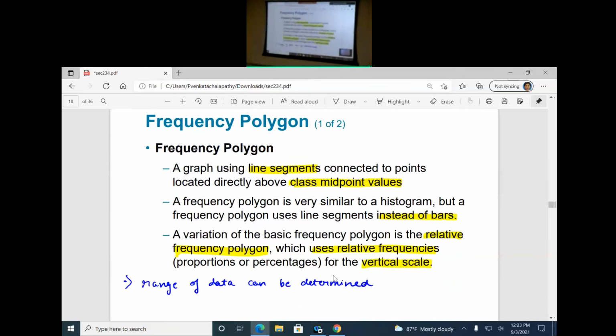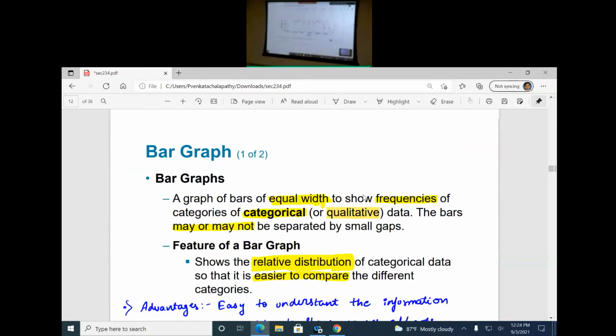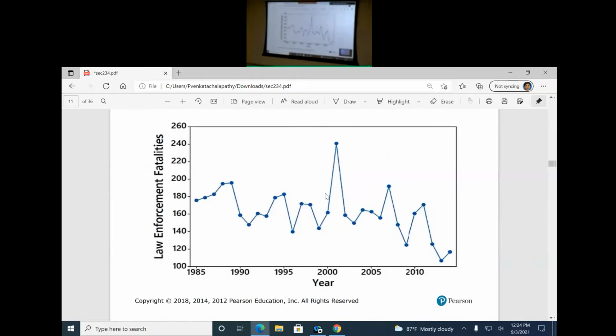Next is the frequency polygon. If you express your data in line segments, that is nothing but your frequency polygon, using class midpoint values. Why I'm saying this is because this is kind of a line segment, right?